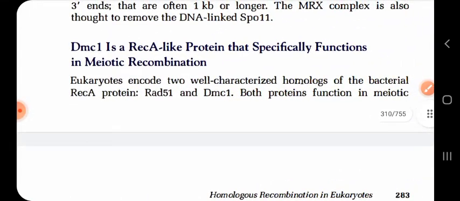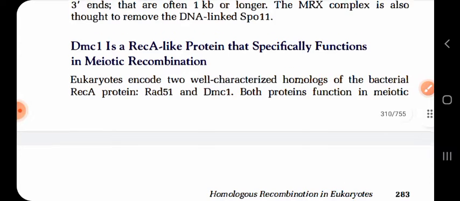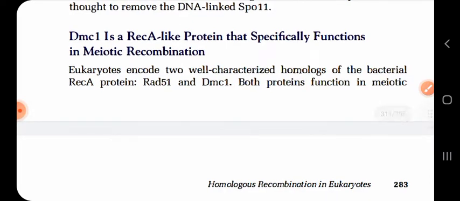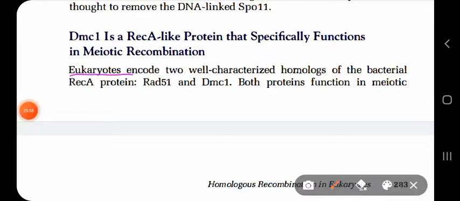Then finally, DMC1, which is called DNA meiosis recombinase 1. It is just like Rec-like protein that functions specifically in meiotic recombination. Now, eukaryotes encode 2 well-characterized homologs of bacterial RecA protein, RAD51 and DMC1. These 2 proteins are homologs, similar in structure.